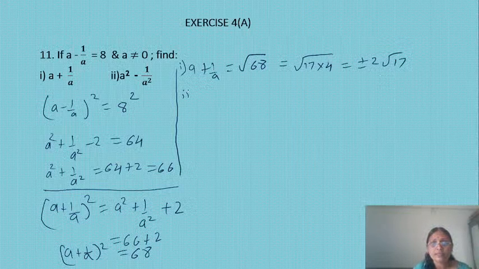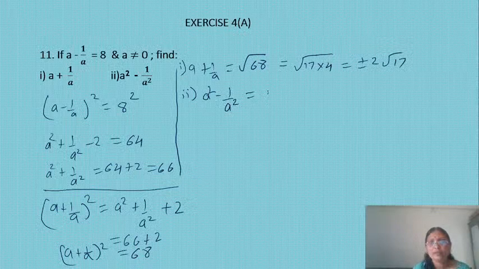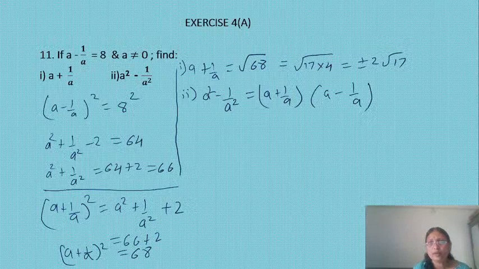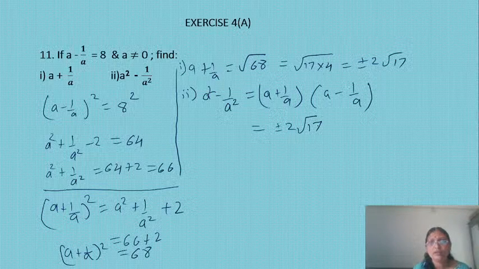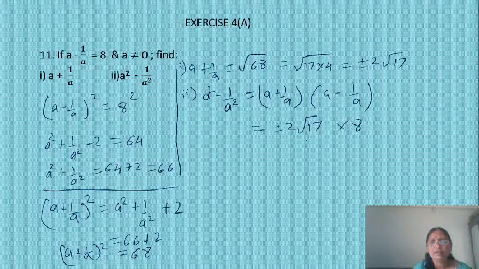Now let us start with the second part. A square minus 1 upon a square is a plus 1 upon a multiplied by a minus 1 upon a. So a plus 1 upon a, we calculated it is plus or minus 2 root 17, and a minus 1 upon a is given to us as 8. 8 multiplied by 2 is 16.